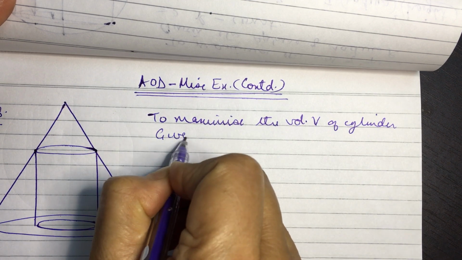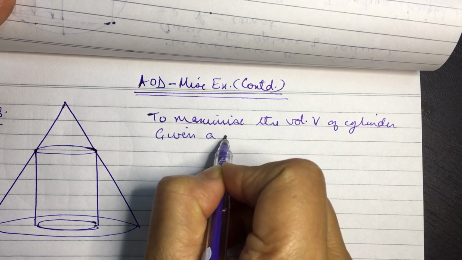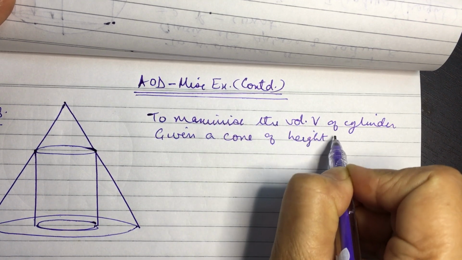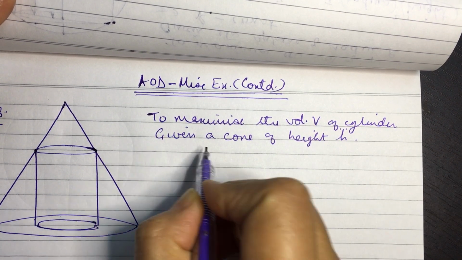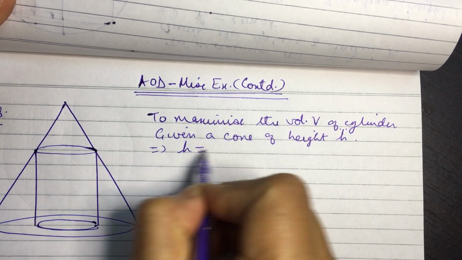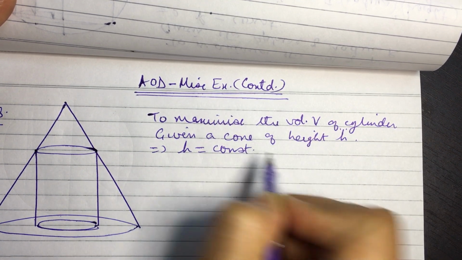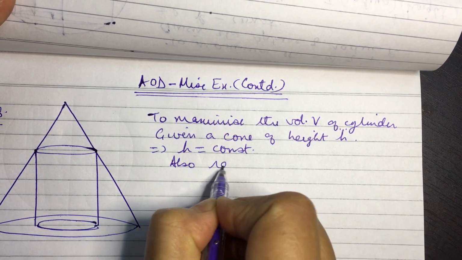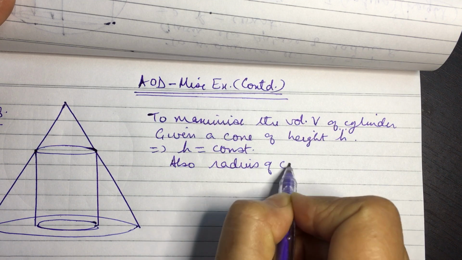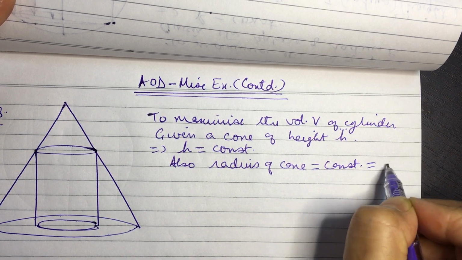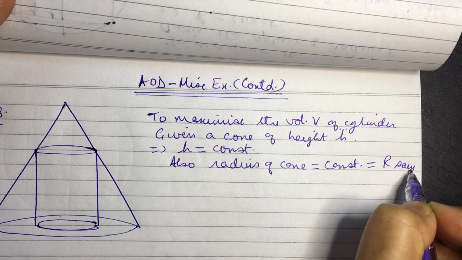Now what is given to us is a cone of height h. So since the cone is given to us, it means that h is equal to constant. Also the radius of the cone is also constant, and let it be equal to r, say.